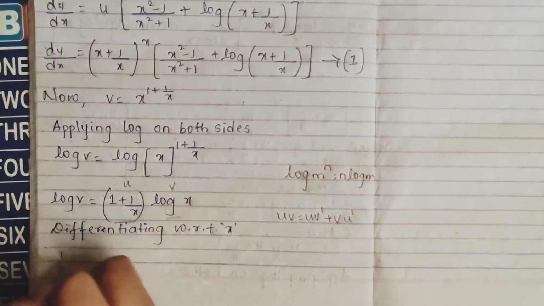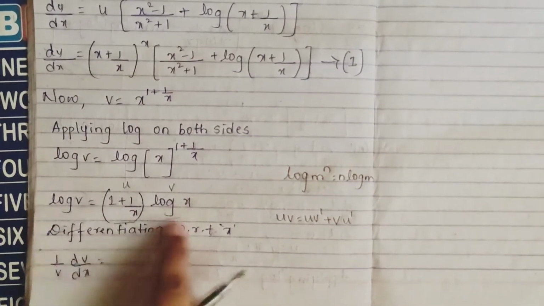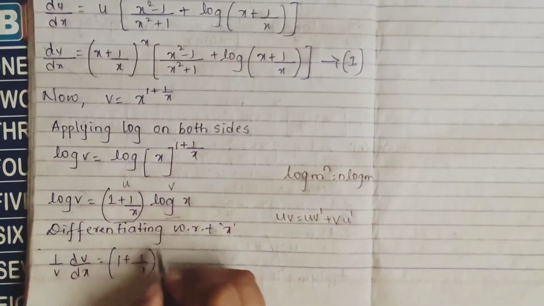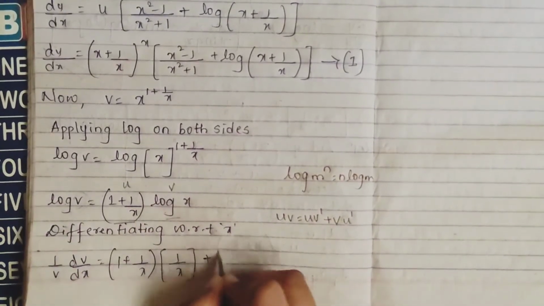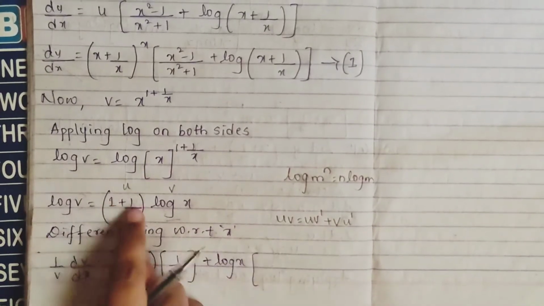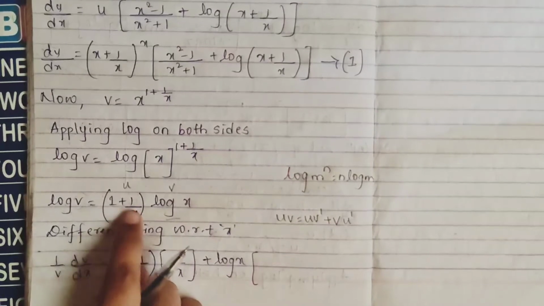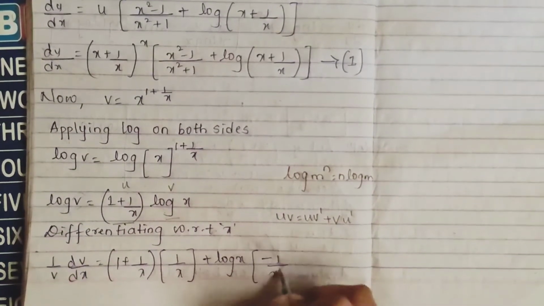So this differentiation will be 1 by v dv by dx, and here keeping your u as it is, 1 plus 1 by x, differentiating your v, log x differentiation is 1 by x. Second, keeping your v as it is, differentiating your u. Here you have two terms, differentiating 1 is a constant so it will be 0, differentiating 1 by x differentiation is minus 1 by x square.